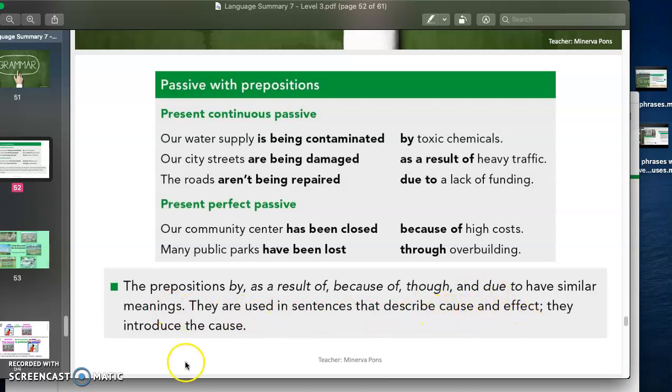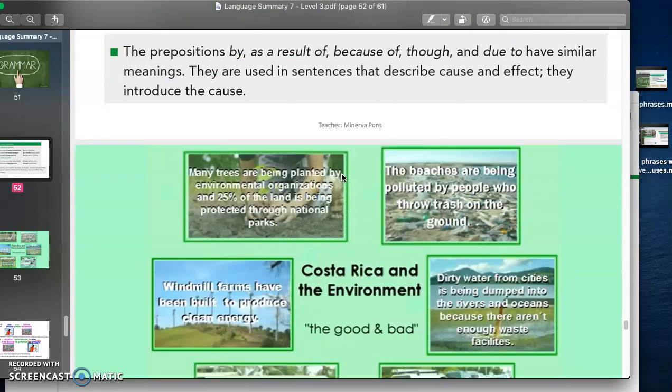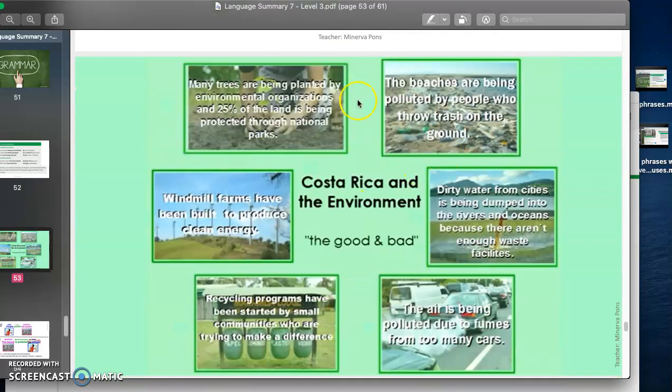They introduce the cause. Again, the cause, the reason why this is happening. Here we have some examples. Windmill farms have been built, past participle, to produce clean energy.